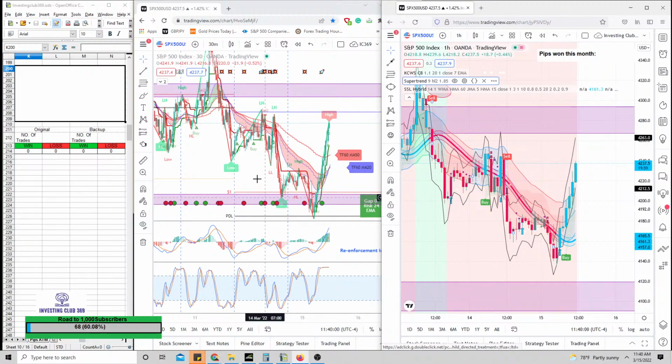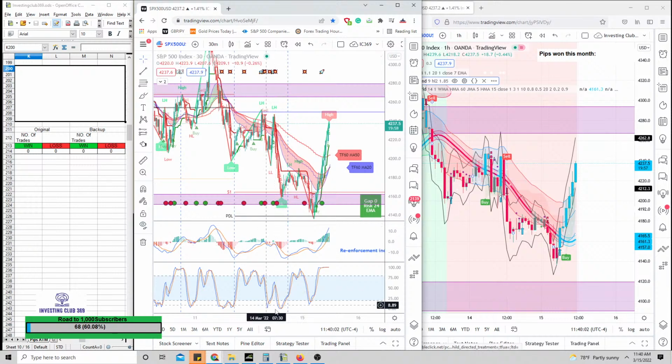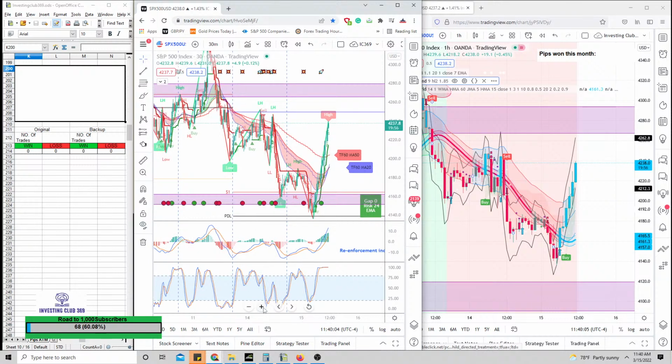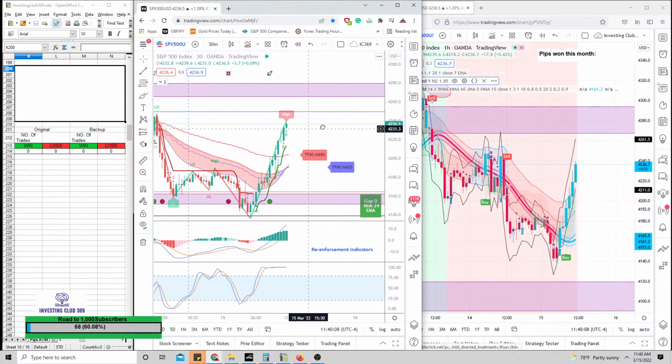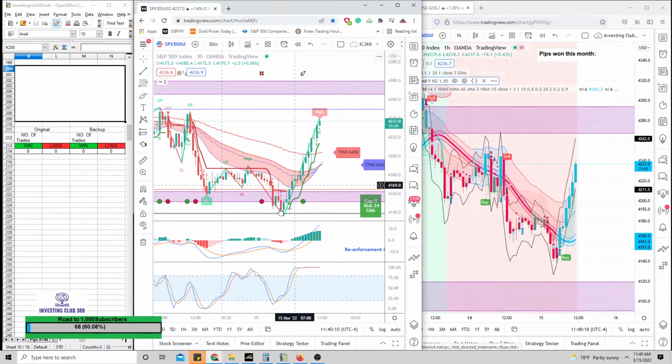Now by looking at this graph on this side, let's extend it. This is a really long line. As you can see, there's the red one and then the green here. So we should be expecting a red line anytime soon.